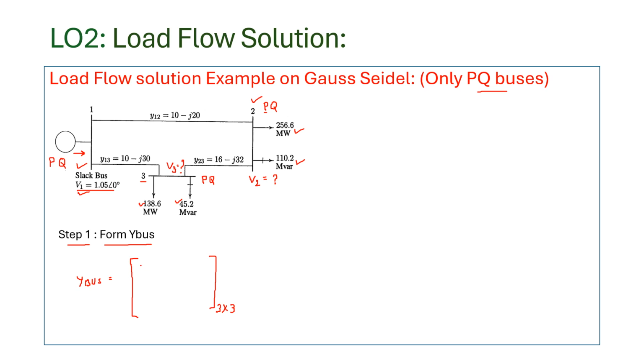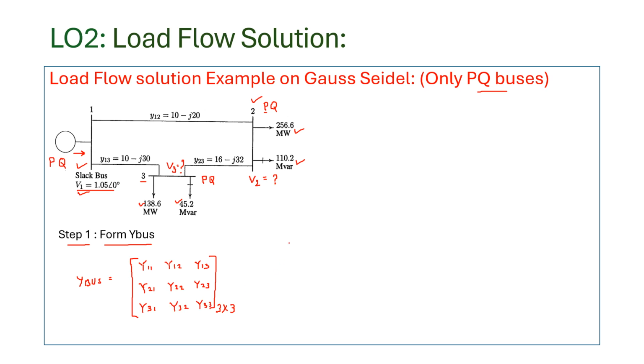Now we have to find the elements of this matrix. The first row is Y11, Y12, Y13, then Y21, Y22, Y23, then Y31, Y32, Y33.